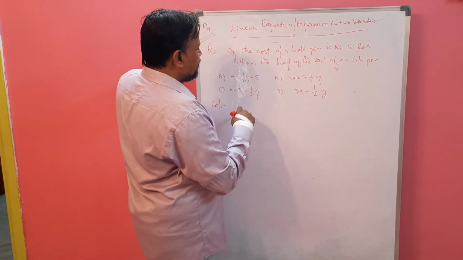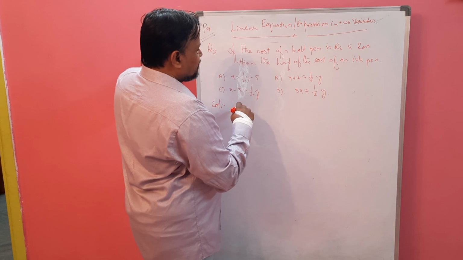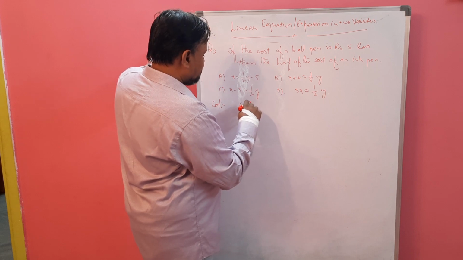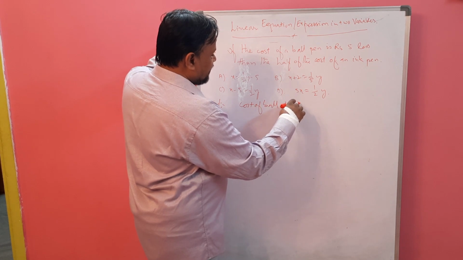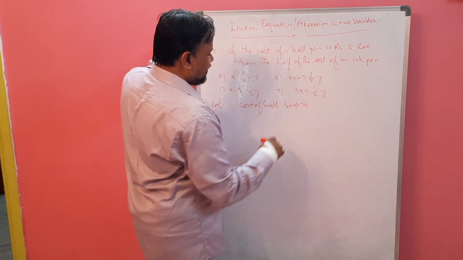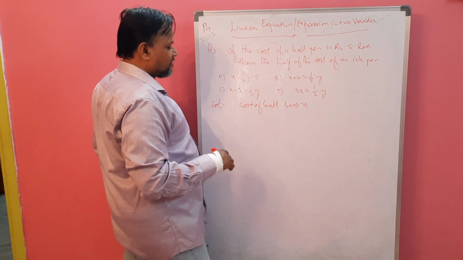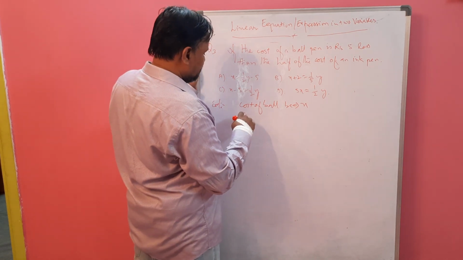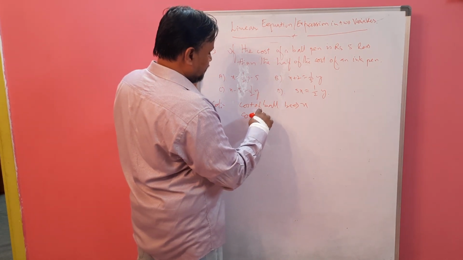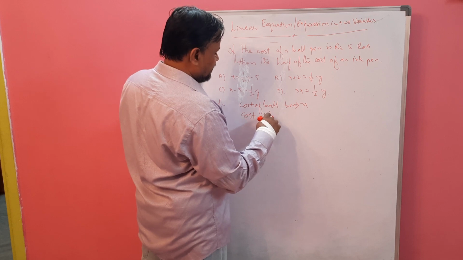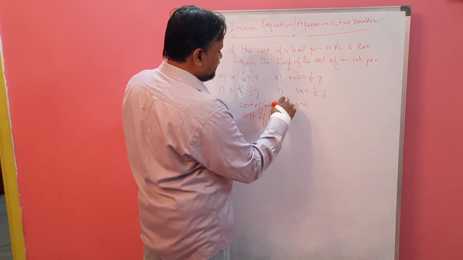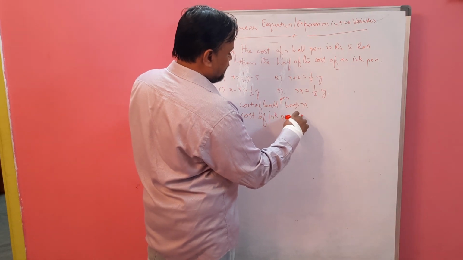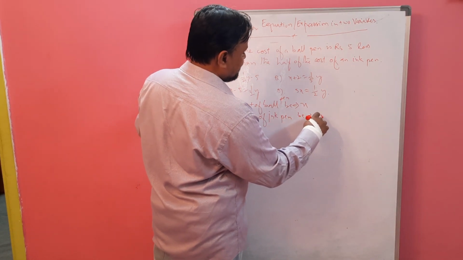So first of all we are taking the cost of the ball pen, assigning x as the ball pen cost, and y as the cost of the ink pen.